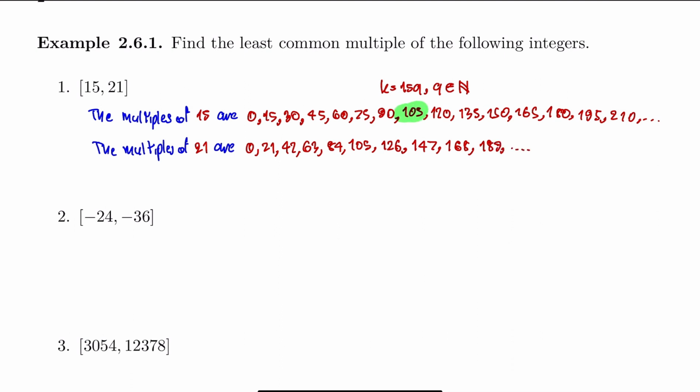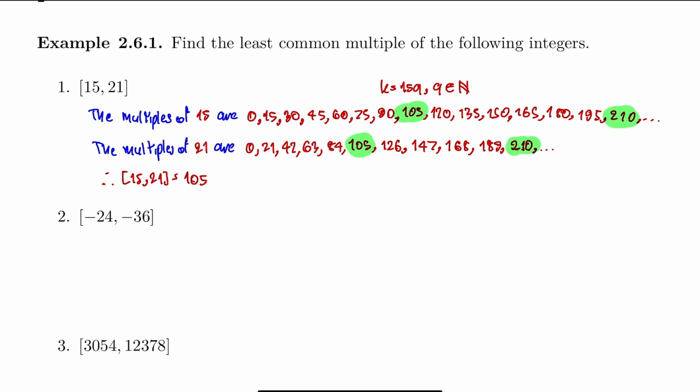As you can see, we have a common multiple, 105. The next one is going to be 210, and so on. So you're going to have further common multiples, but we have to choose the least common multiple. That means the least common multiple of 15 and 21 is 105.